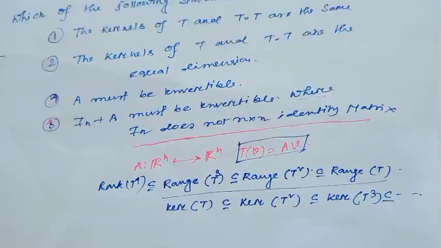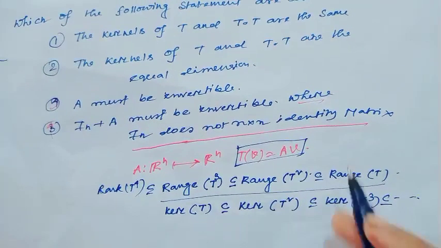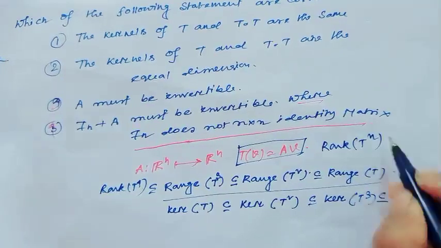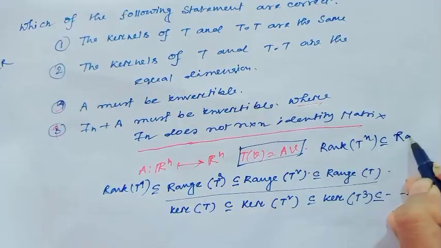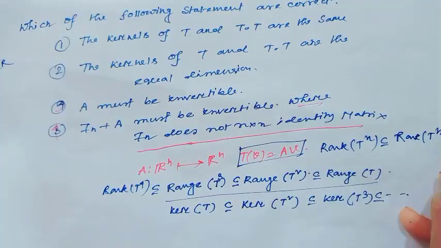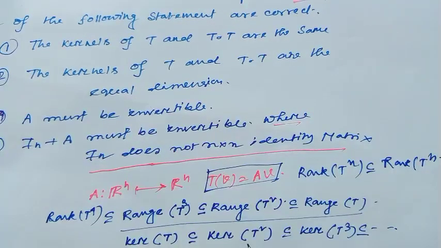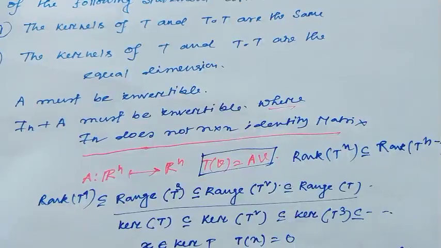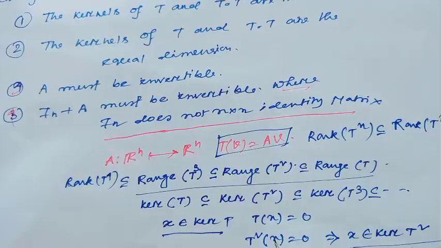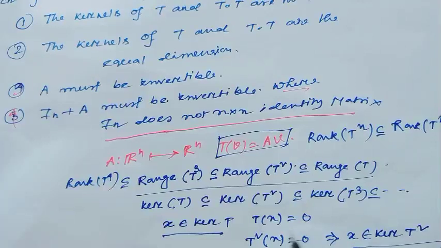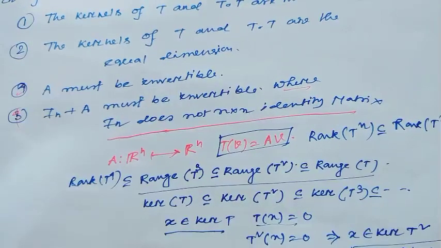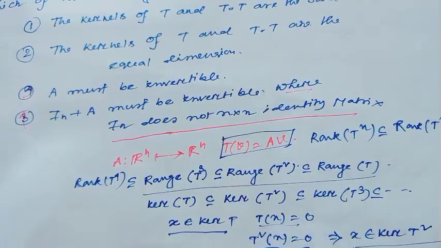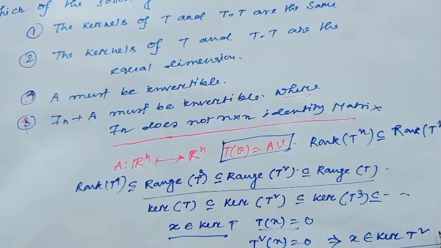Here the ranges are nested, the range of T to the power n is contained in the range of T to the power n minus 1, while kernels go the opposite way. Kernel T always contains kernel T square, kernel T cube, and so on, because if x belongs to kernel T, then obviously Tx equal to 0. Now multiply this equation by T, then T square x equal to 0, and from this relation we can tell x belongs to kernel T square.